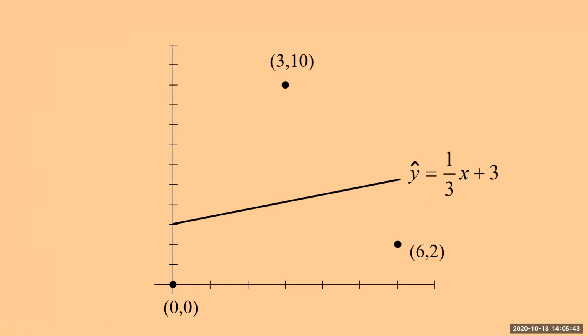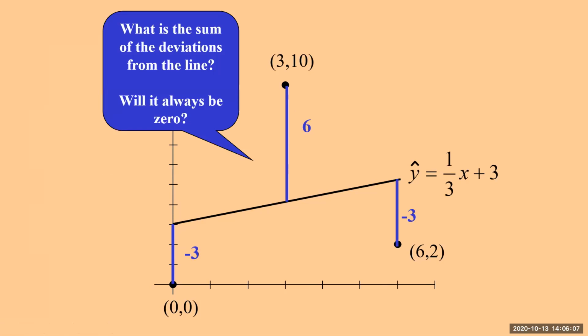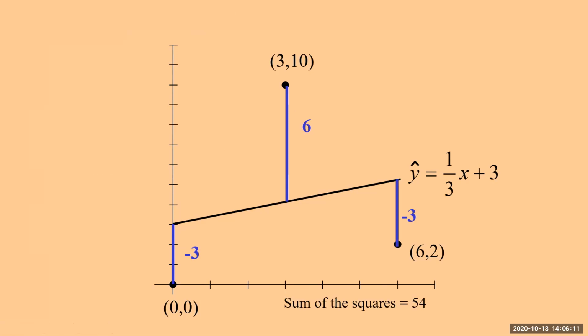Let's do the same thing and find the predicted y. If we plug in 0, predicted y would be 3. So again, the difference between actual and predicted would be -3. Same thing for 3 to 10. We'd get a difference of 6, and for 6, we get a difference of -3. If I square these and add these together, notice we get 54. Is 54 smaller than our previous sum?